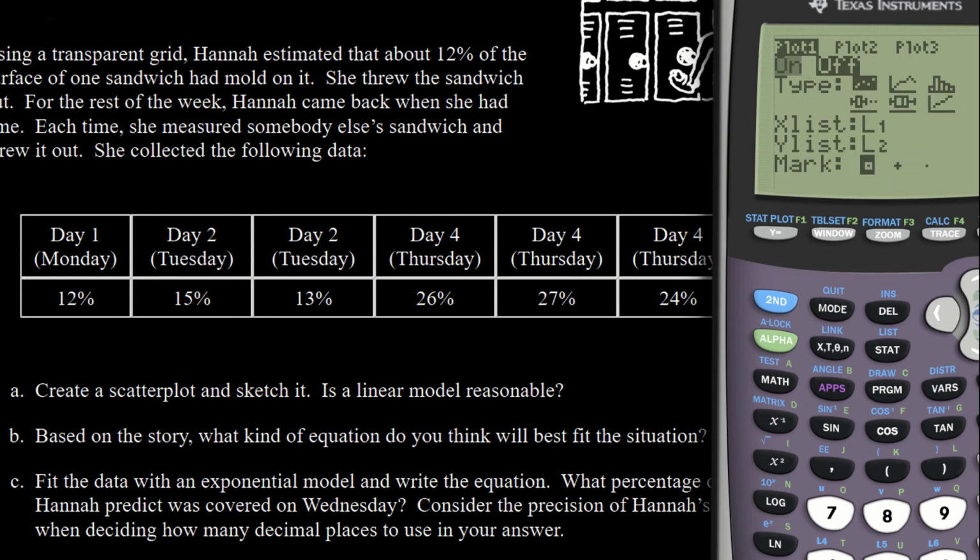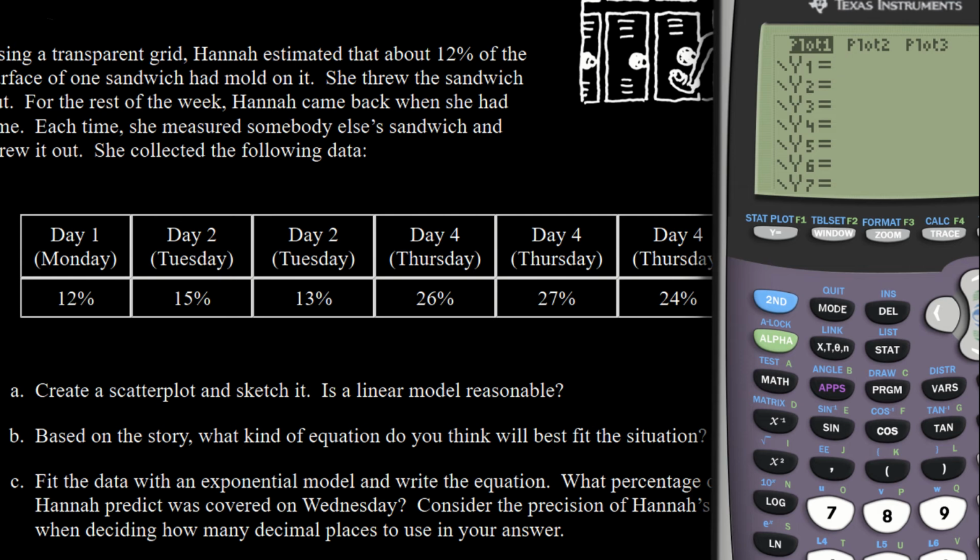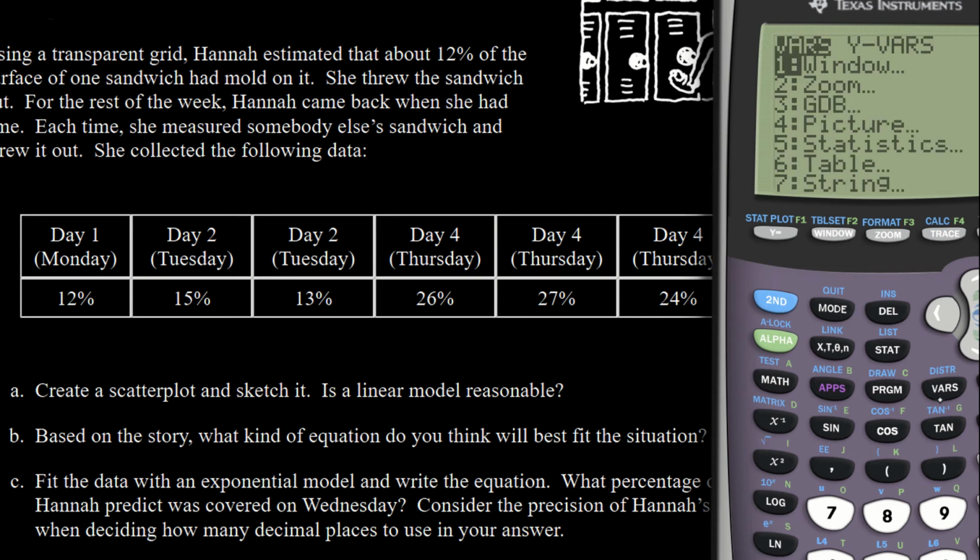I'm going to turn back on the original scatter plot, and I'm going to turn off the residual plot, and then I'm going to ask it to show the equation. I need to grab the equation, so I'm going to hit this. It's stored in vars, right?